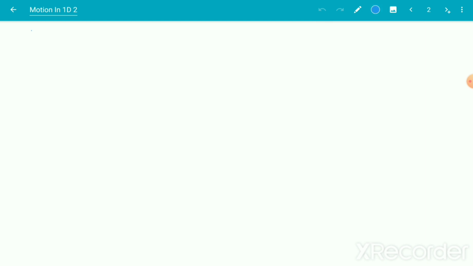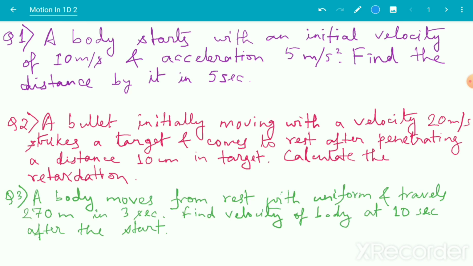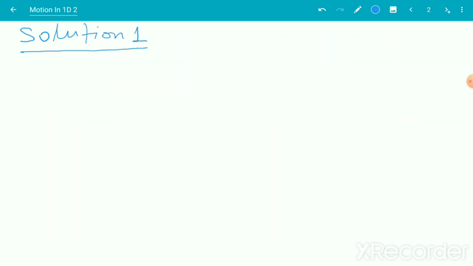Solution number one. Given that the body starts with an initial velocity, so the initial velocity is 10 meter per second. It is generally denoted by the letter u.